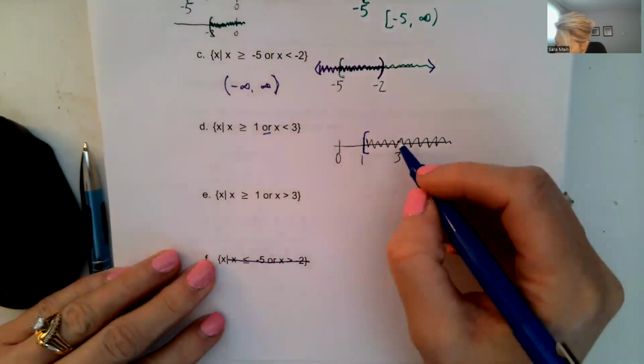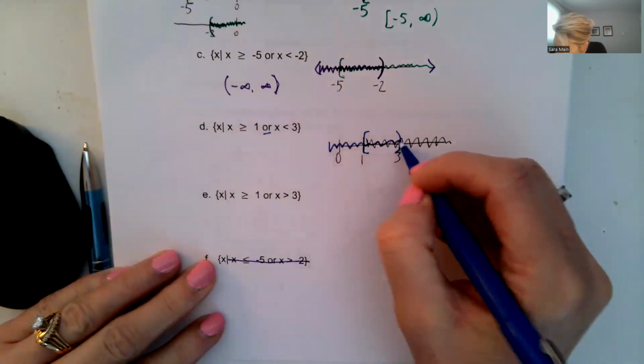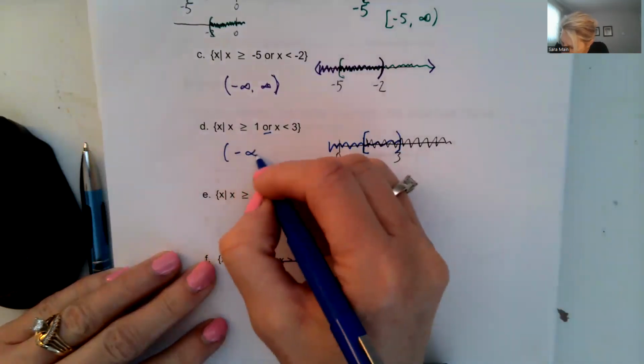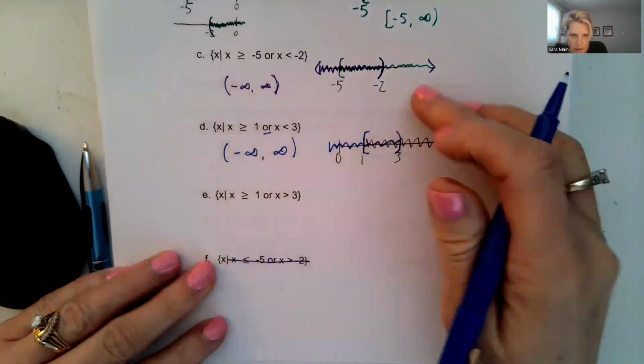And then we're shading everything this way of 3. So it's essentially all real numbers. Similar to the one above.